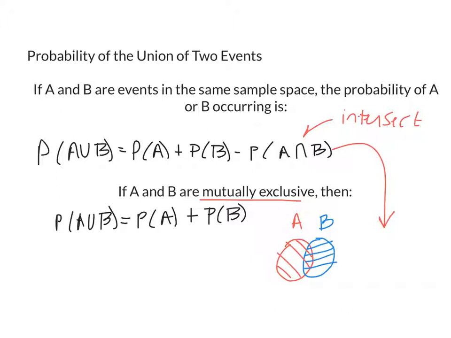But the issue is that I have to subtract out this little middle section so that it's not duplicated. That's why it says minus the intersection of A and B. Okay? So let's take a look at an example to see what this really means.